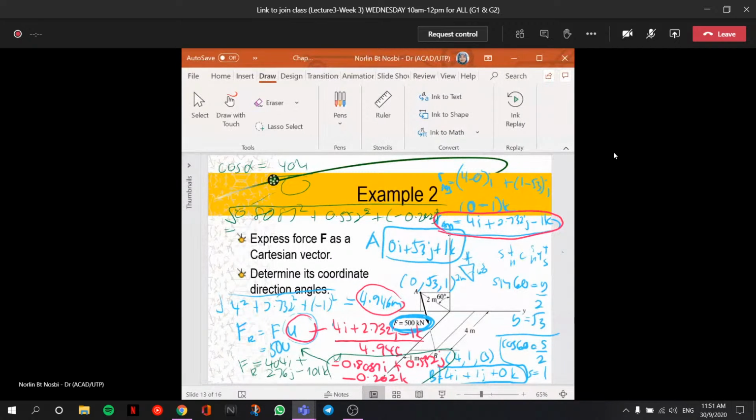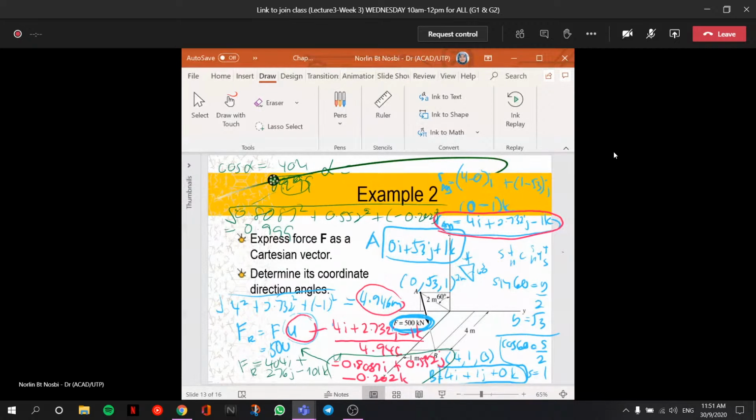So the alpha would be cos inverse of 404 over that. Then you will get alpha is 36.